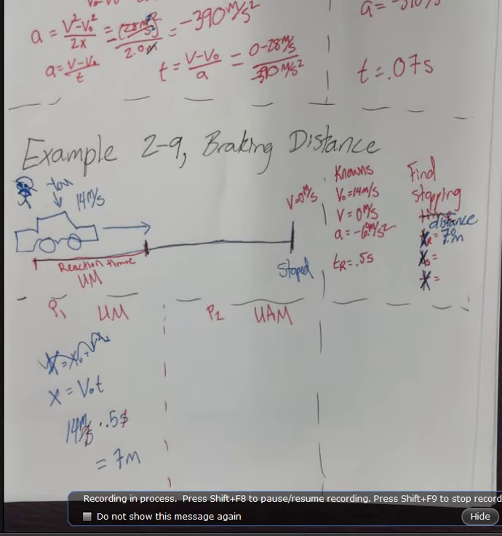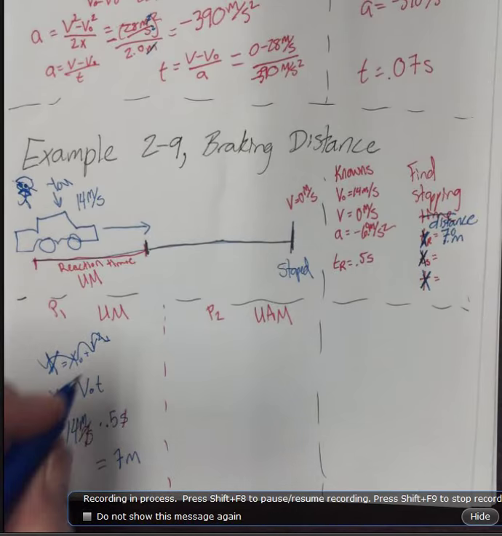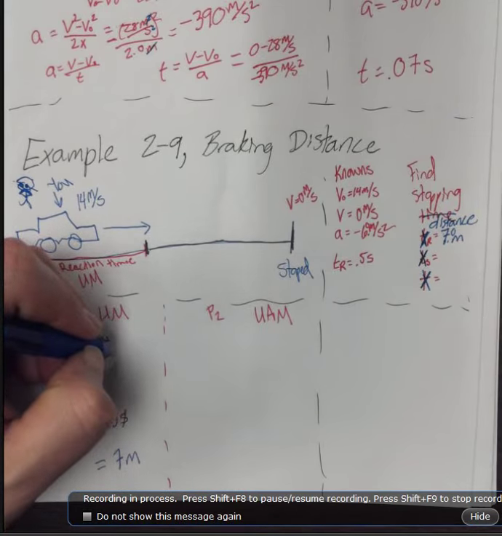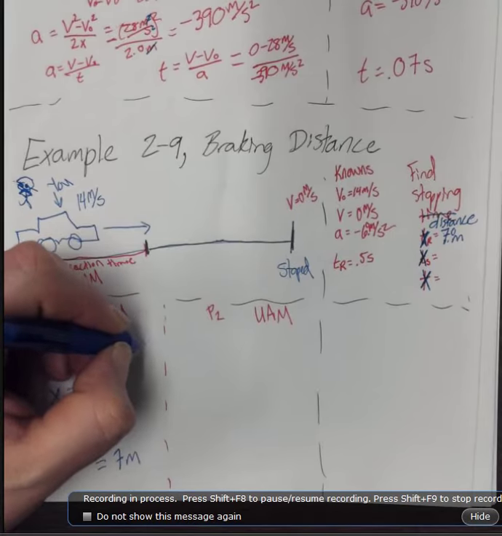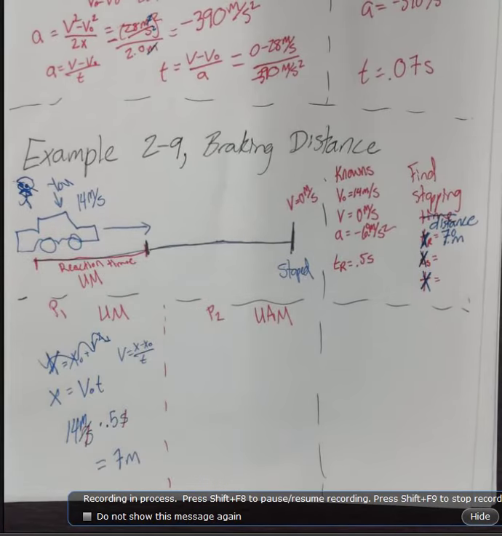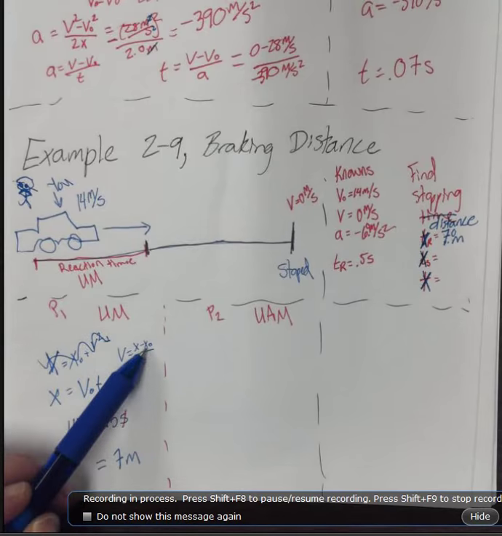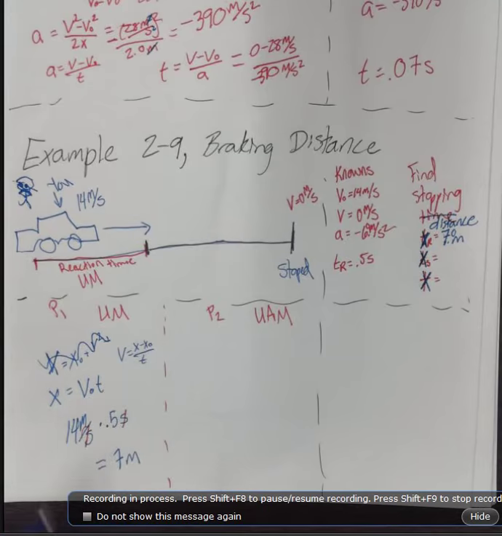That was a simple thing to find because it's the relationship of velocity equals change in position over time. We set the initial position to 0, our time is 0.5 seconds, and our velocity is the same the whole time, 14 meters per second. So we solve for 7 meters.